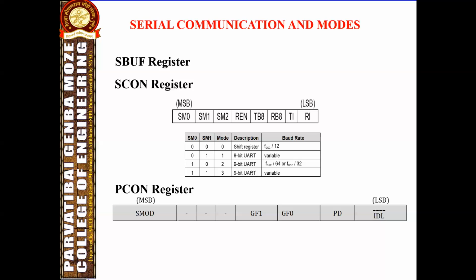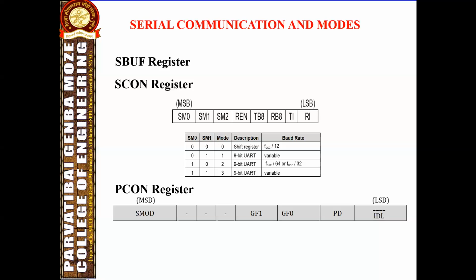The SBUF is an 8-bit register used for serial communication in the 8051. The SBUF register comprises two registers physically. One of them is write only and is used to hold the data that is transmitted out from the controller, via the TXD pin.